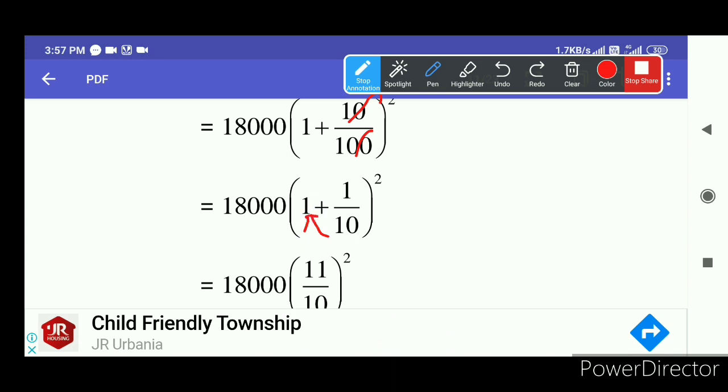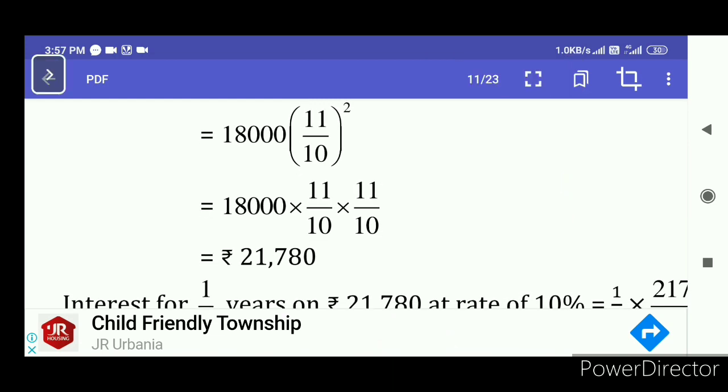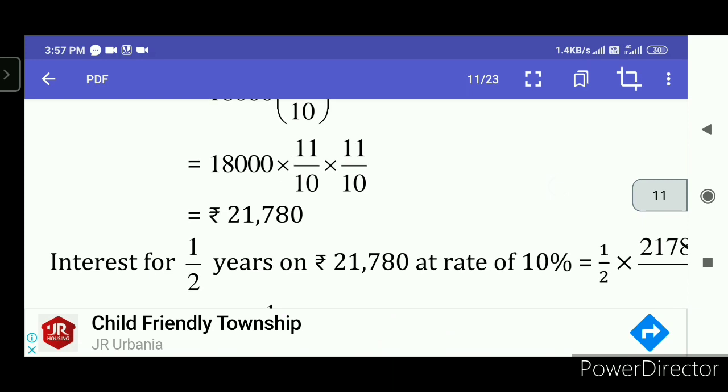Cross multiply, 10 into 1, 10 plus 1, 11 by 10 whole square. Repeat 2 times. It will give 18,000 into 11 by 10 into 11 by 10. After simplification, you will get 21,780. It is the amount for 2 years.